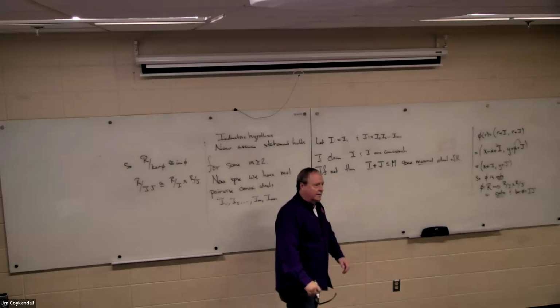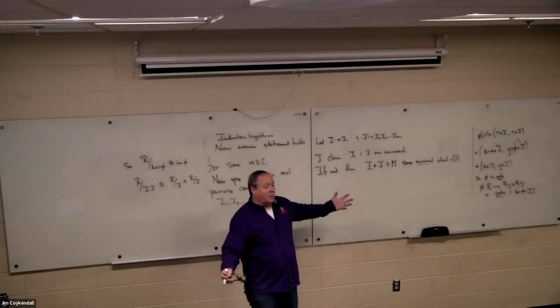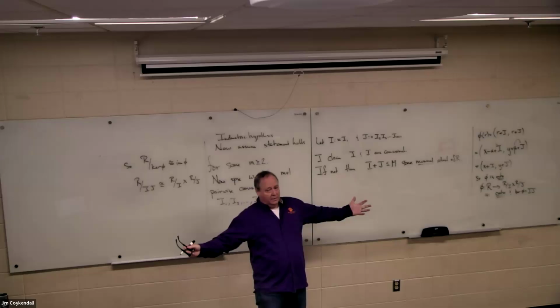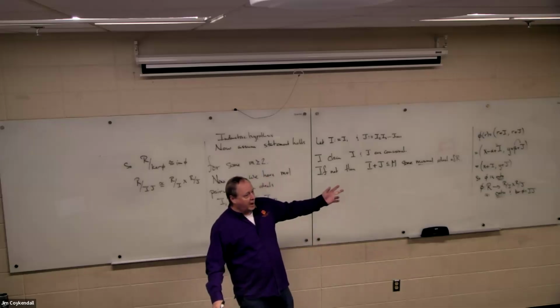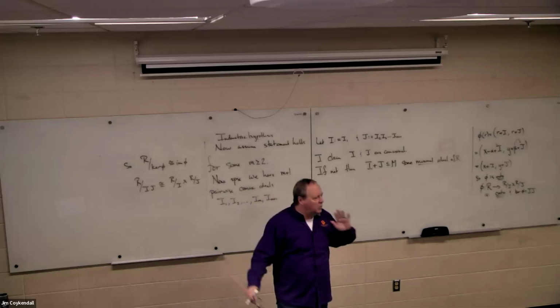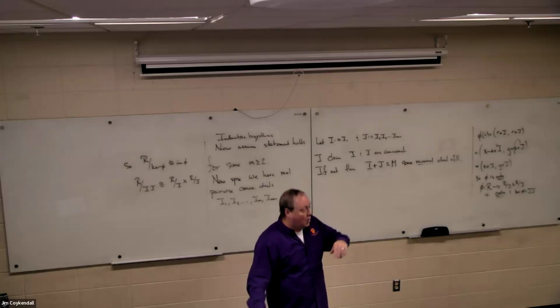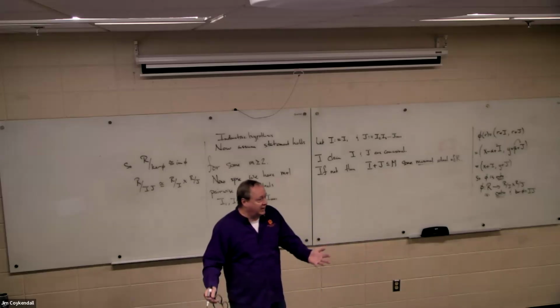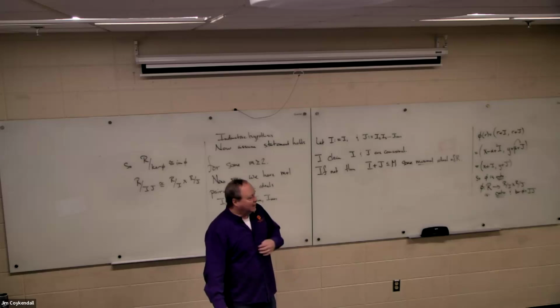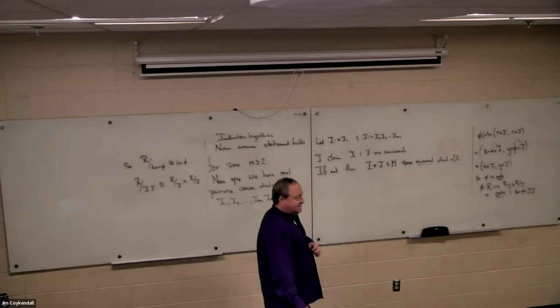Do I agree with that? Because I plus J is always an ideal, so two things are possible. It's either the whole ring, in which case it's comaximal, or it's not the whole ring, in which case it's contained in some maximal ideal. Gotta love that theorem, right?